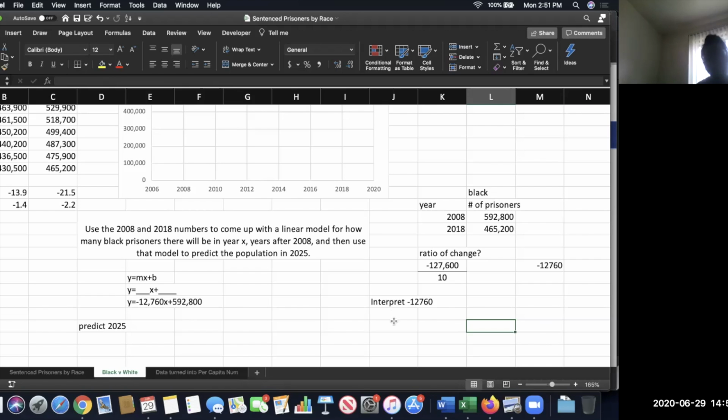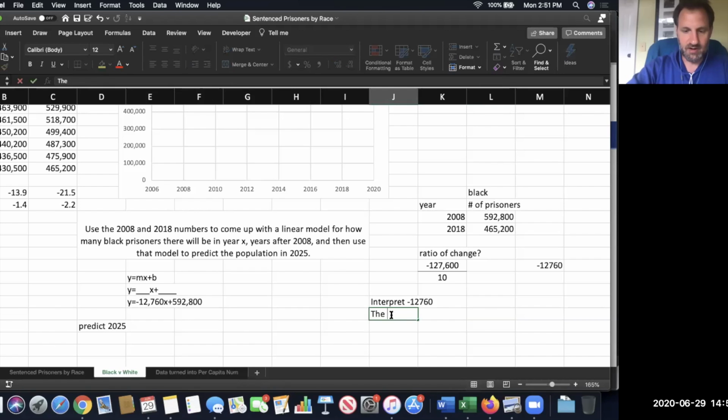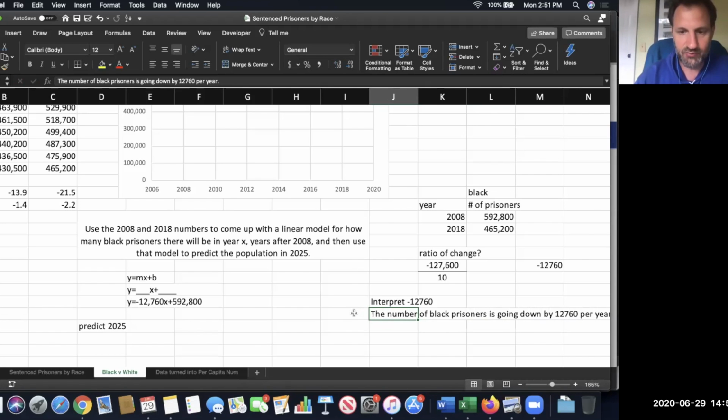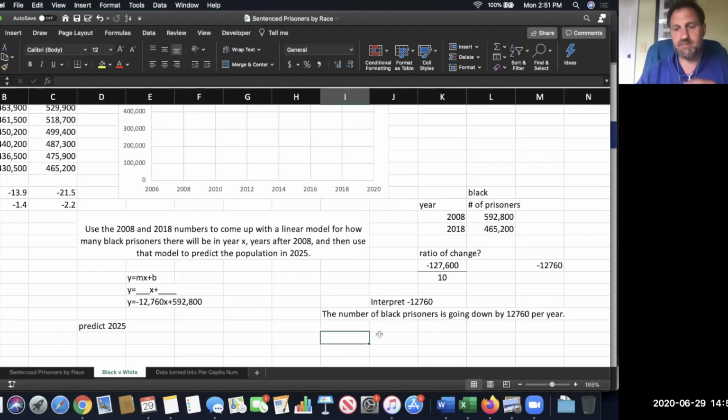That's how many fewer prisoners there are each year. That's right. The number of Black prisoners is going down by 12,760 per year. Okay, so if we understand that, and by the way, that is a ratio interpretation, so you can use some of the ratio interpretation skills that we did.